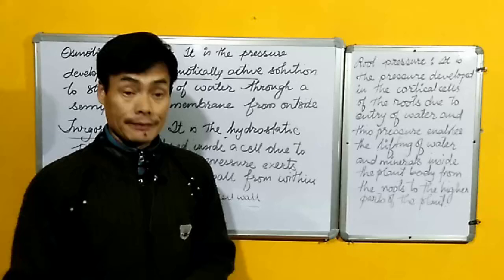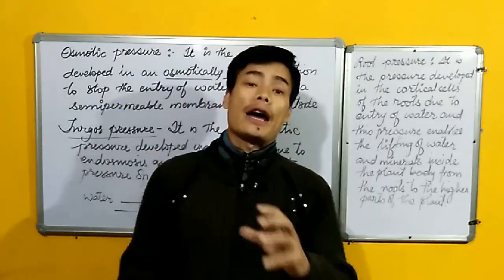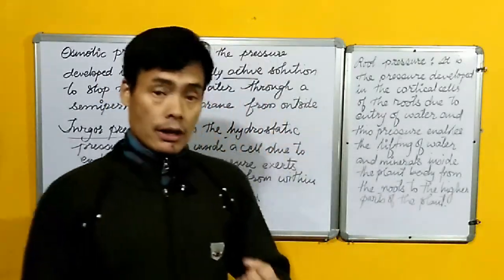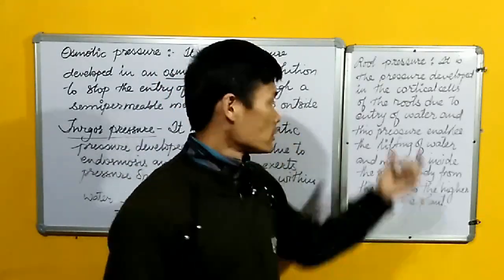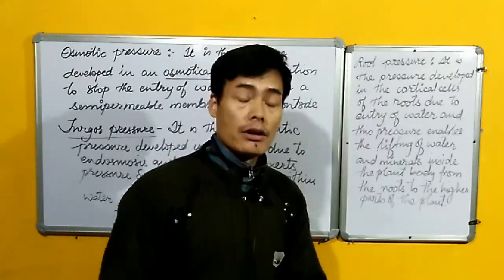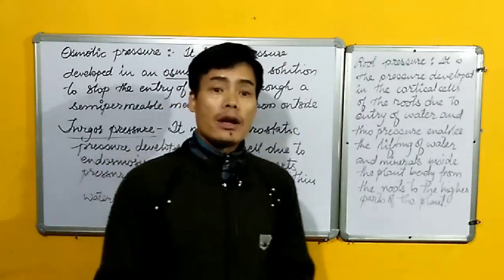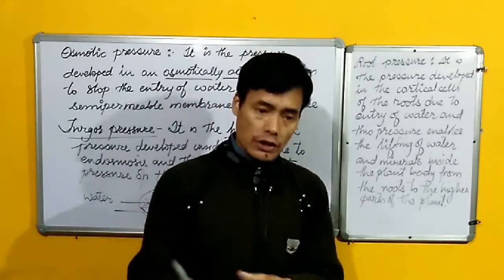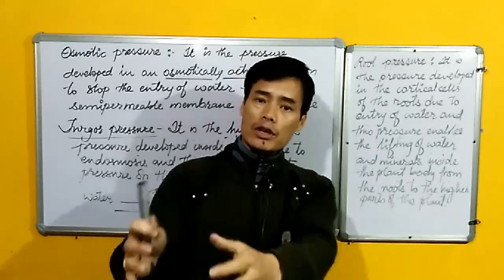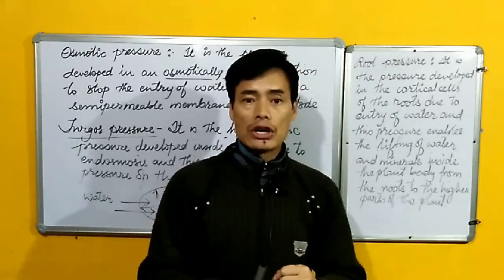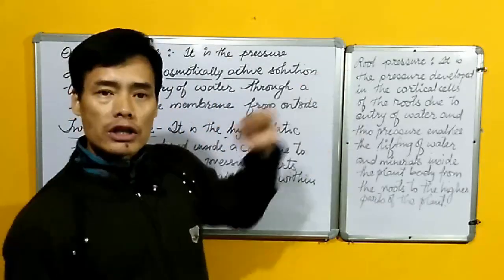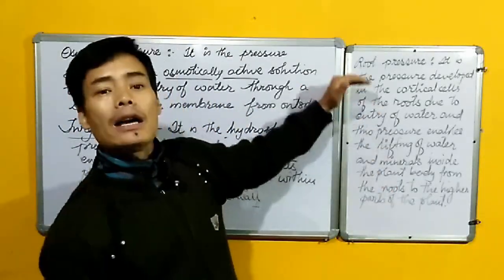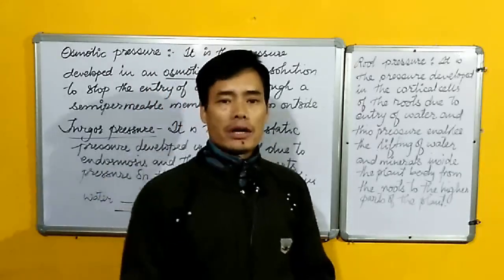So root pressure is also a hydrostatic pressure which is developed inside the cells, that is the cortical cells inside the root, and as a result of continuous entrance of water from the soil into the cortical cells, they then begin to transport this water into the higher parts of the plant body.